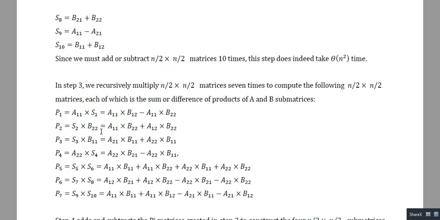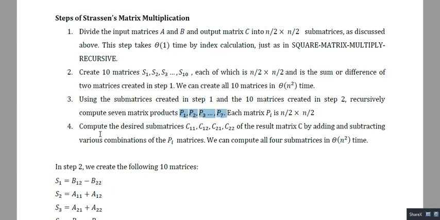Okay, so now here we are just doing a shuffling kind of thing. We are taking S1 to S10 as some special matrices, and we are taking P1 to P7, and all those values S1 to S10 and P1 to P7 depend upon the values of the input matrices A and B. Actually this input matrix is in terms of some matrices like A11, A12, A21, A22, and B11, B12, B21, B22, right?